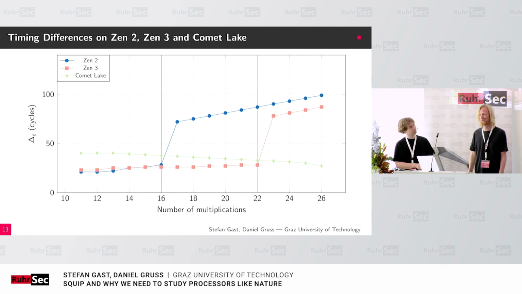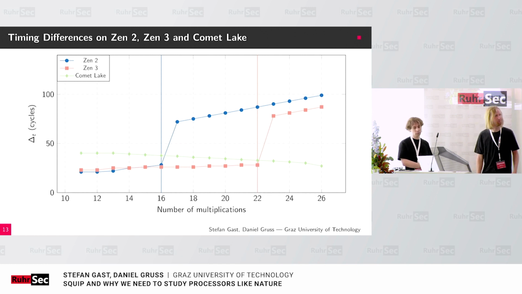Something like this. So we see that for Zen 2 at 16 multiplications, that's the limit. After that, we see a steep increase of this timing difference. And on Zen 3, we see the same steep increase between 22 and 23 microoperations.